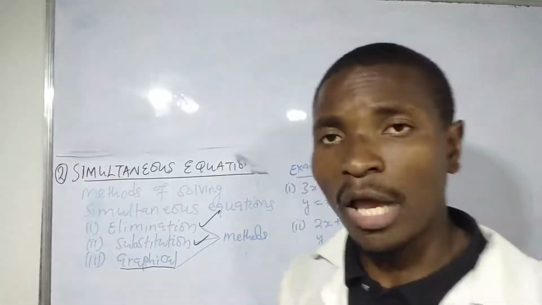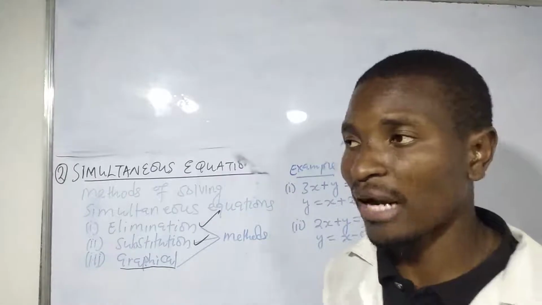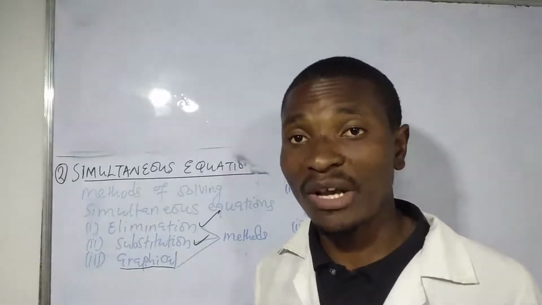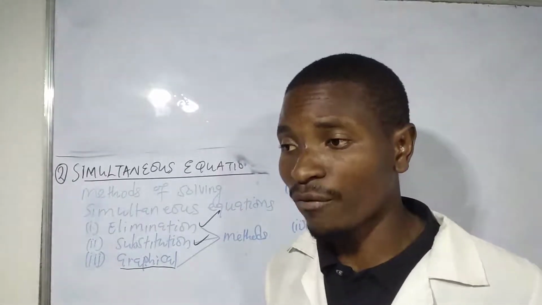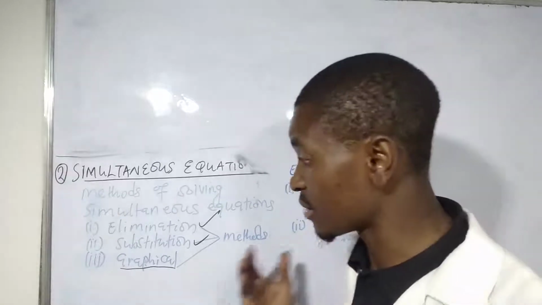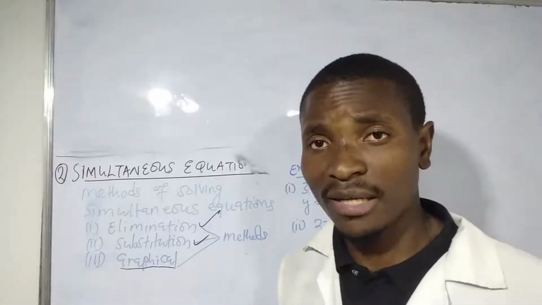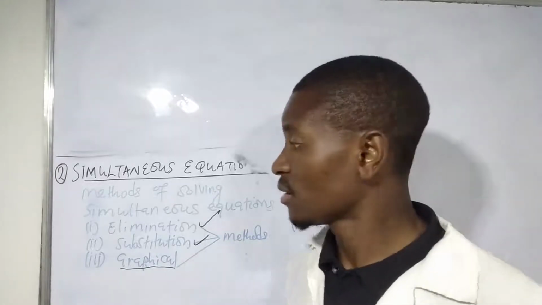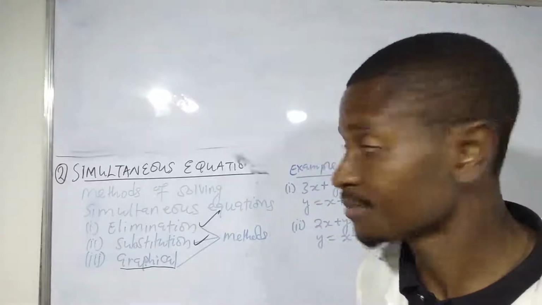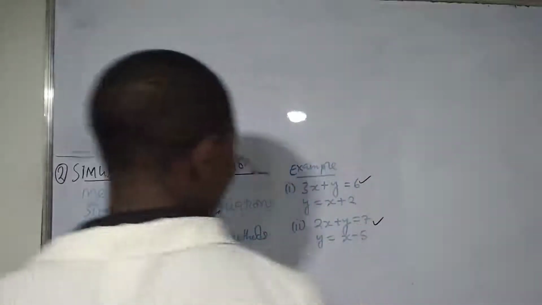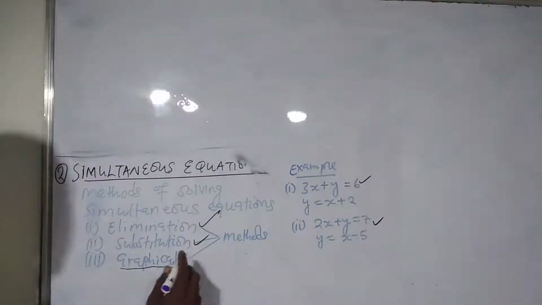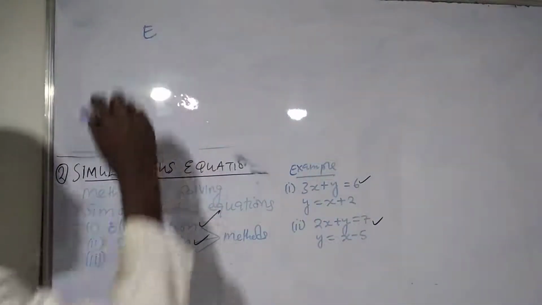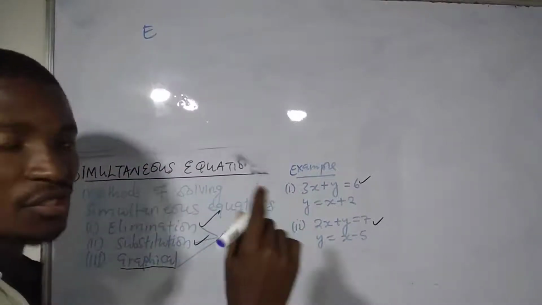I want you to understand the reason why simultaneous equation is very simple to solve only if we understand these methods that are used in solving them. And this is what we'll be solving, and I'll be showing you how to go about it. So we start with elimination.